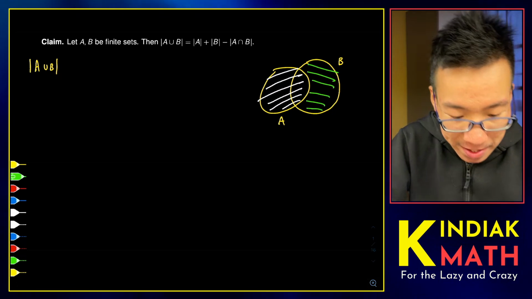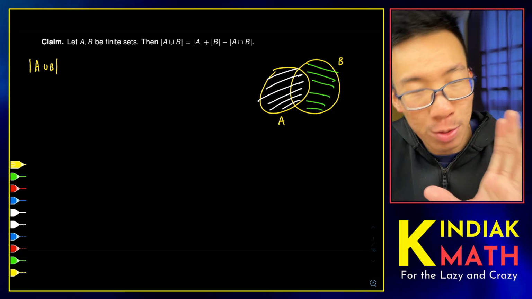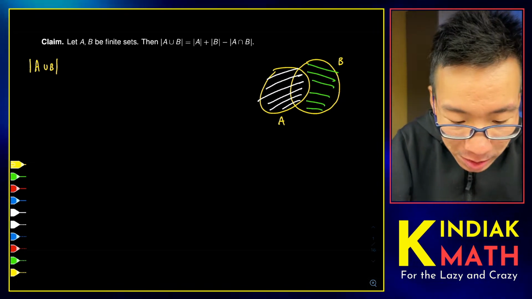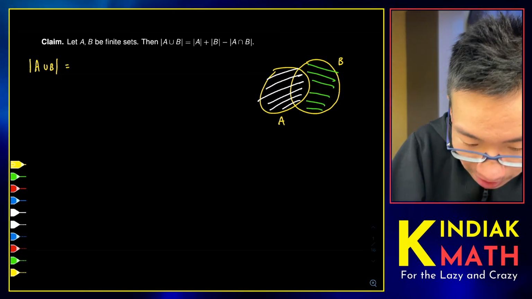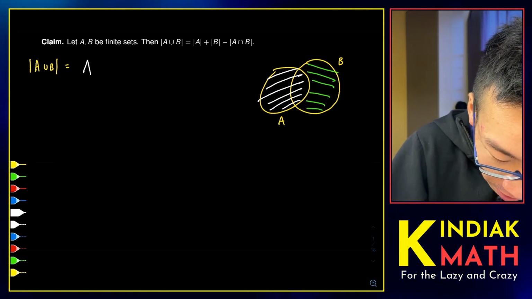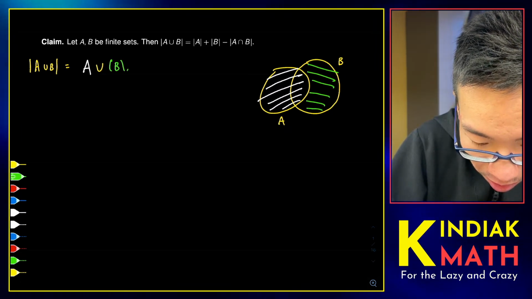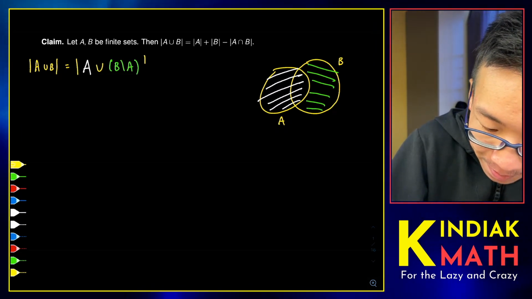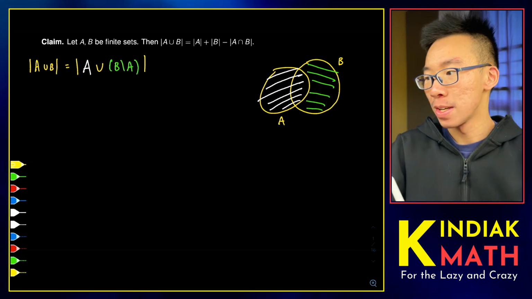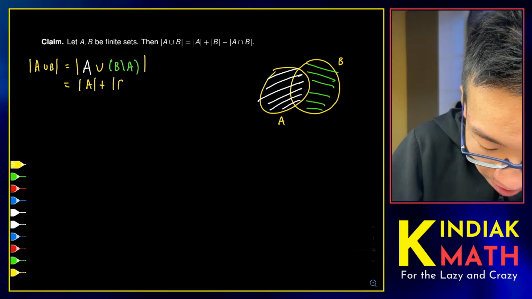And once we can split this up, then we can add the constituents in these two regions because they do not overlap. So the idea here is that A union B can be written as the union of two sets that do not overlap, like this. So that allows us to add the items.